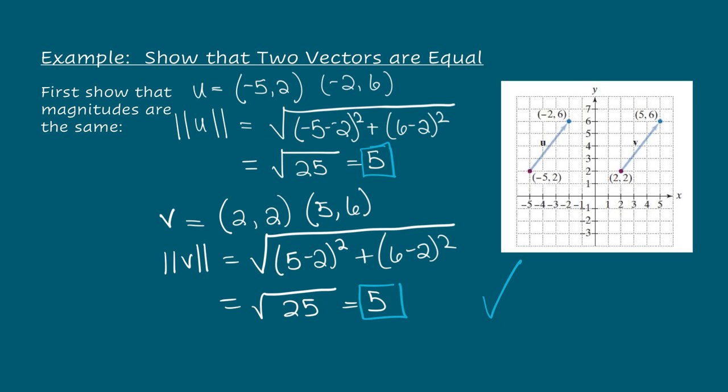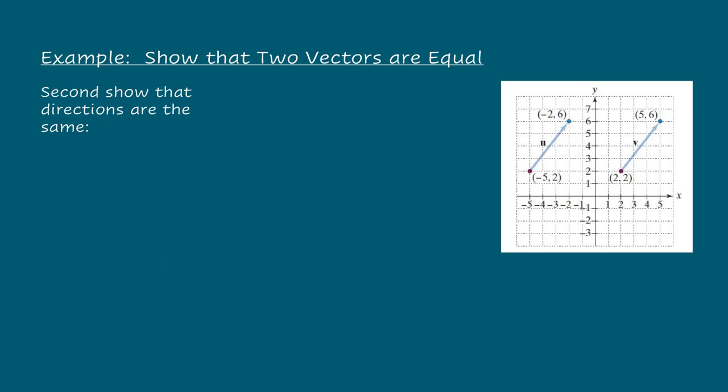We don't know that yet. For that, we're going to use the slope formula. We need to check whether the slope is the same. Same slope equals same direction.